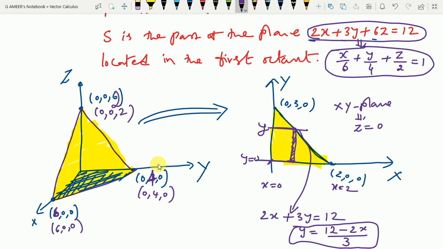When I project, x is going from 0 to 6, and obviously here also we made a mistake, this will be 4 here. Okay, so now it is clear.